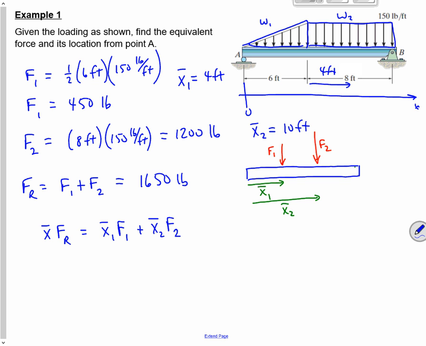So x bar is, and if we plug all those numbers in, what do we get? We get 8.36 feet.